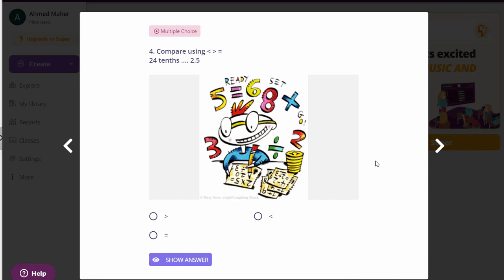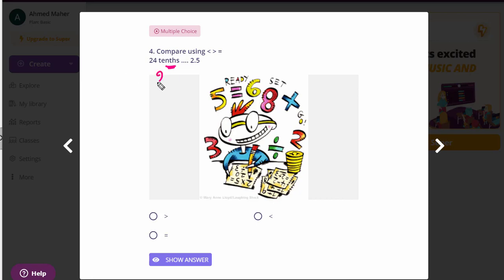Okay, Abdulaziz, 24 tenths. We should write this first, right? Tenths means the point after how many digits? It means that the point is after 1 digit.